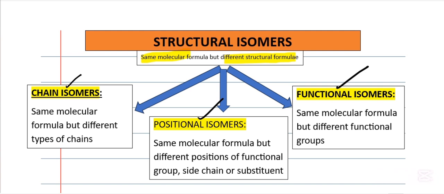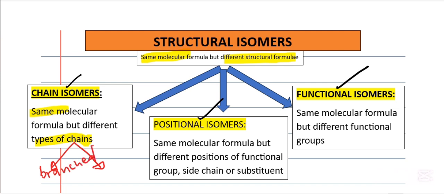Each chain isomer has the same molecular formula but different types of chain. A compound can have a branch, which means it is of the type that is branched.